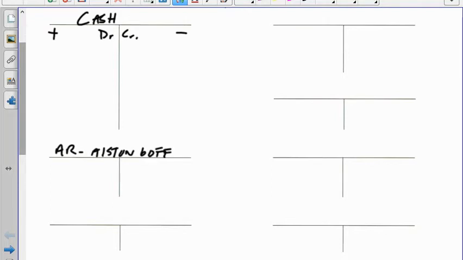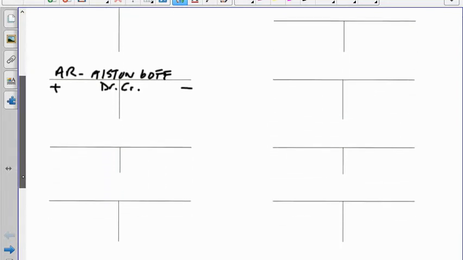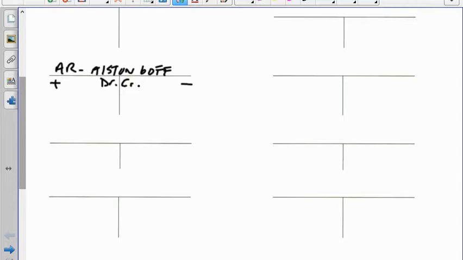And again, debit means left, credit means right, doesn't mean anything more than that. Account receivable is on the left side of the accounting equation, so it increases on the left side of the T account. Next up is account receivable, Josie Levinson.